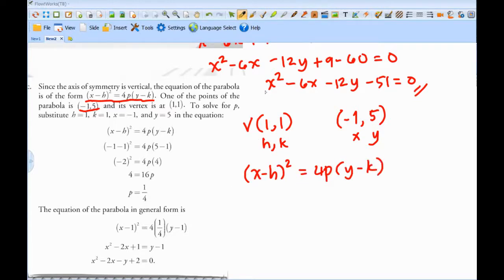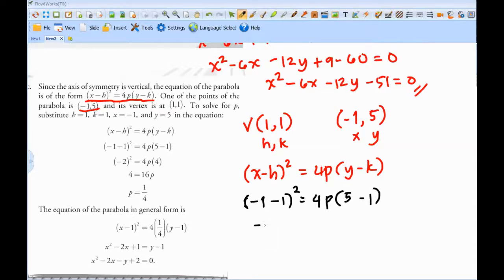So let's see if it is upward or downward. We don't know the value of the p yet. So we have the x. X is negative 1, H is 1, minus 1 squared equals 4p. We are looking for the p. And y is 5 minus k, which is 1.